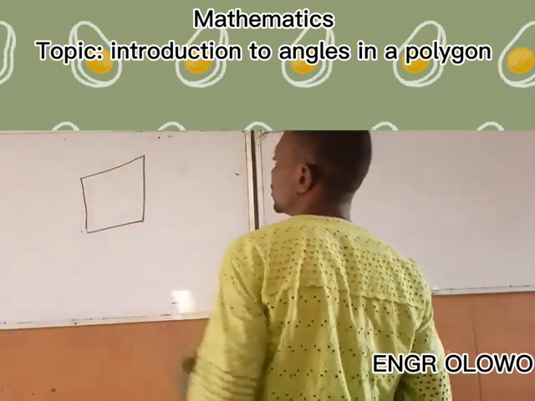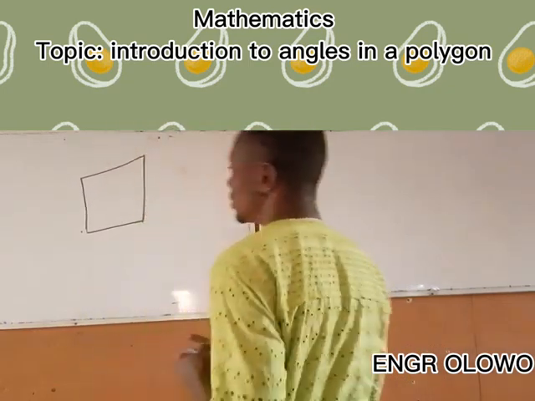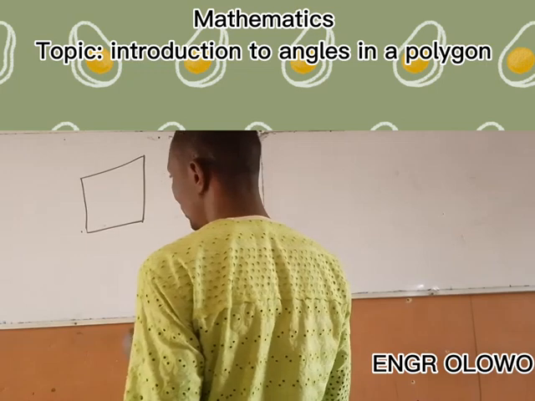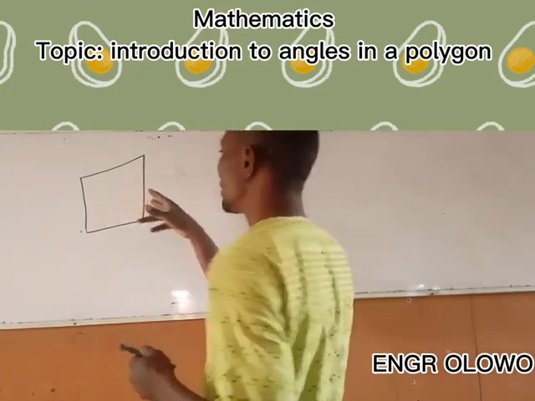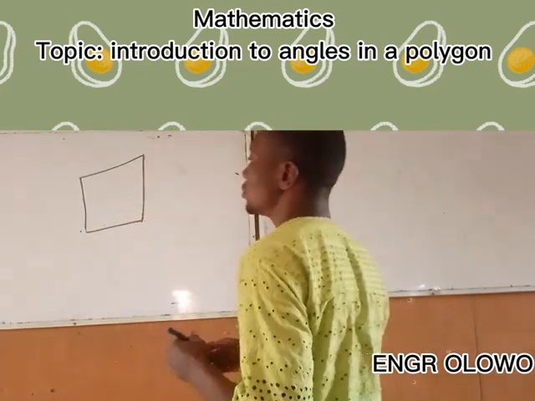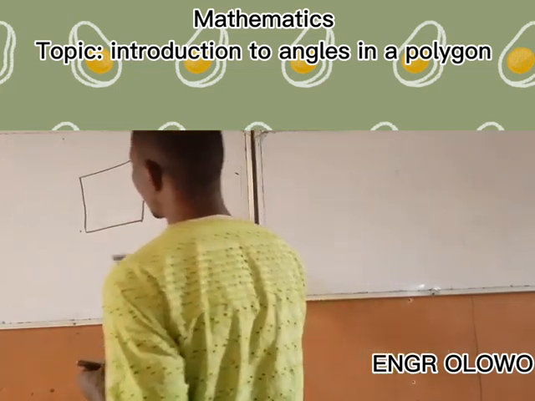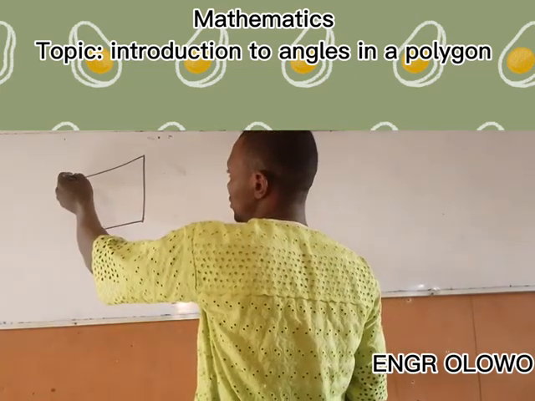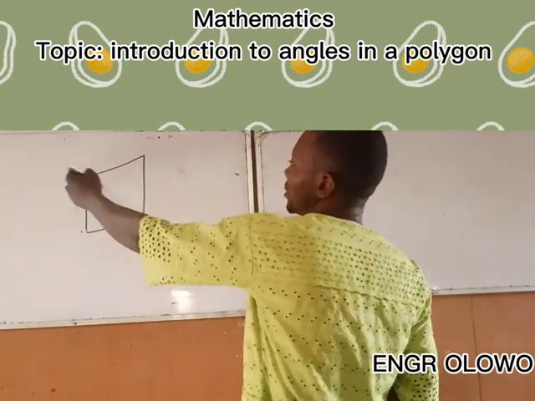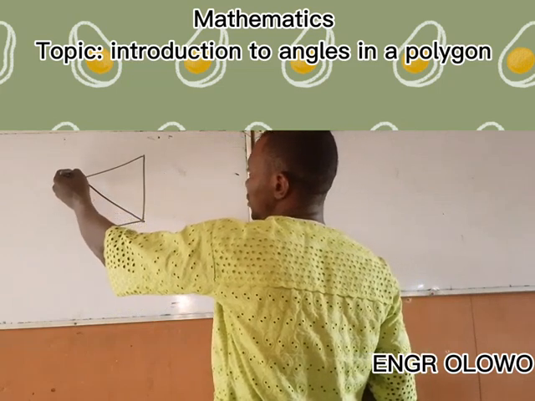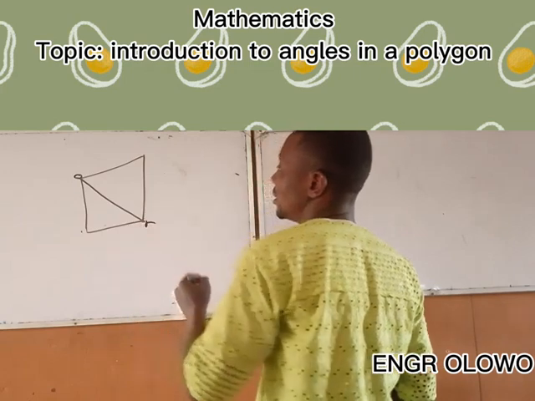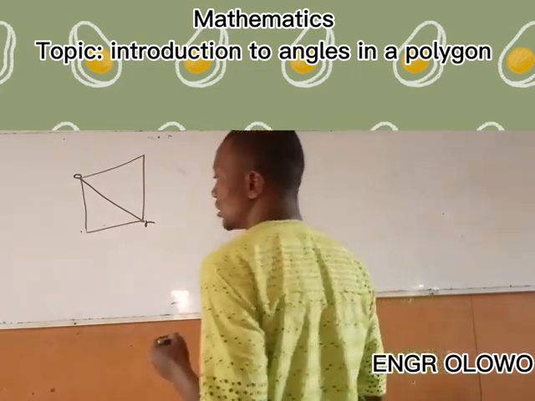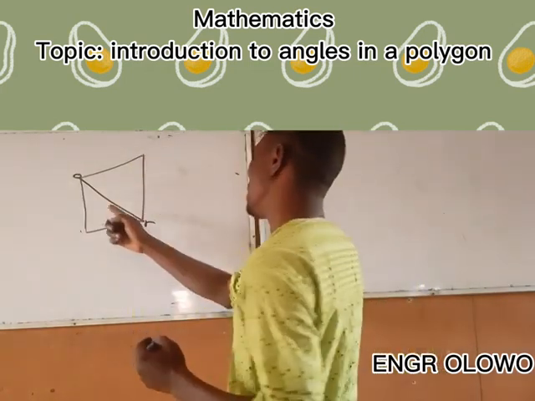The other one we still want to look at is this diagram. This diagram is called a quadrilateral. The sum of angles in a quadrilateral is equal to 360 degrees. When we have a line drawn like this, the line is called a diagonal line.